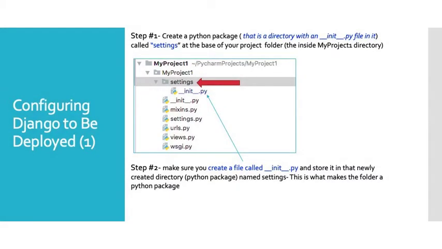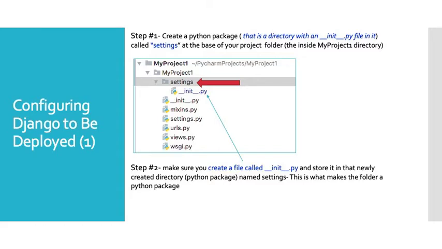So the first thing we'll take on is modifying your Django project to get it ready for production. These 2 steps are broken down, but they're really taken together. What we want to do is create a directory that will turn into a Python package. And the way Python does that is you create inside of that directory something called an __init__.py.